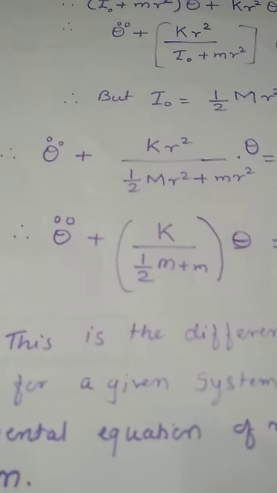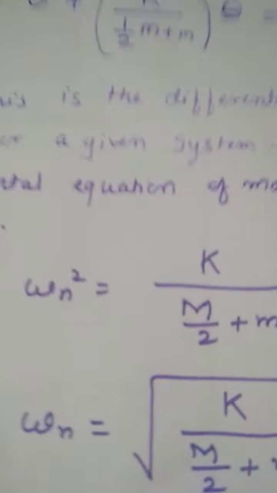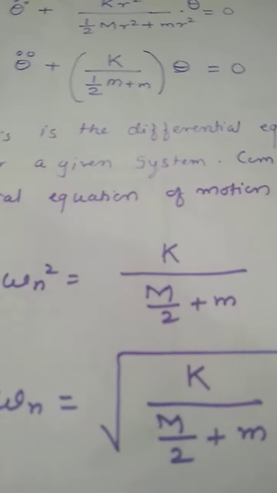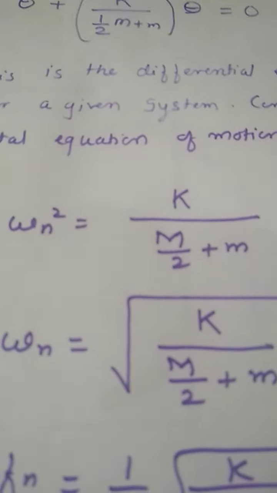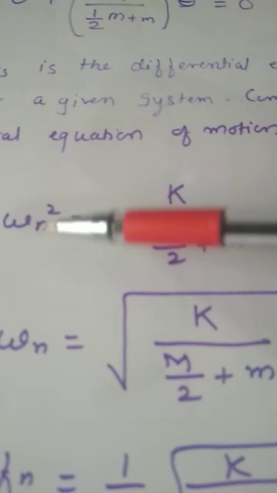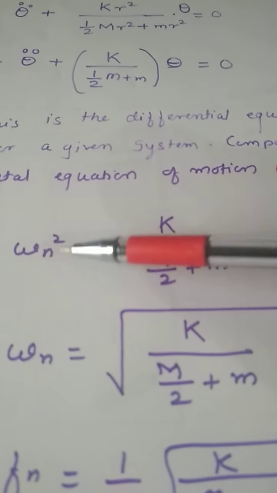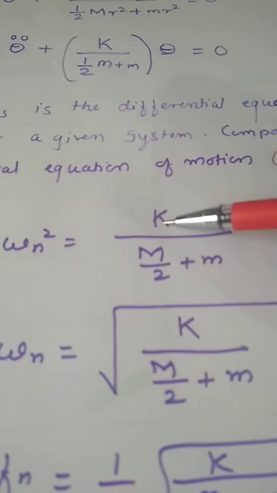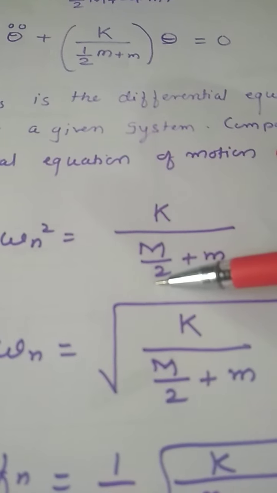So by comparing this equation and this equation, we will get omega n square is equal to k upon (M upon 2 plus m).